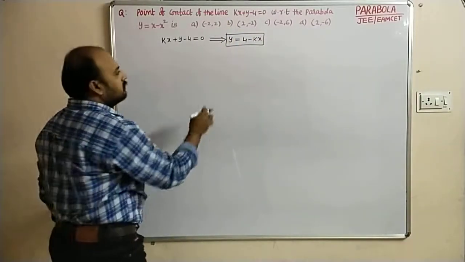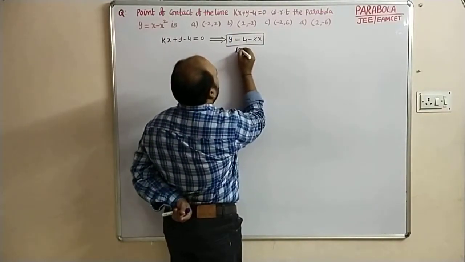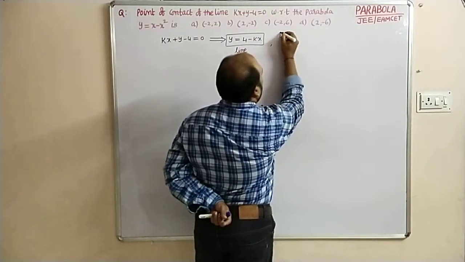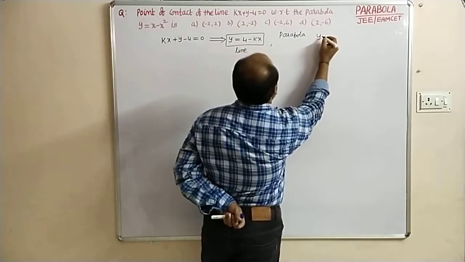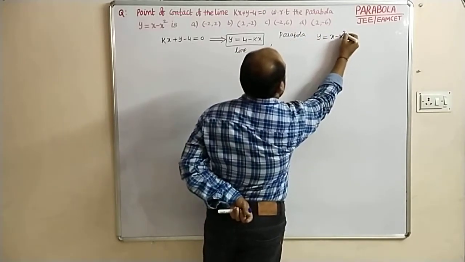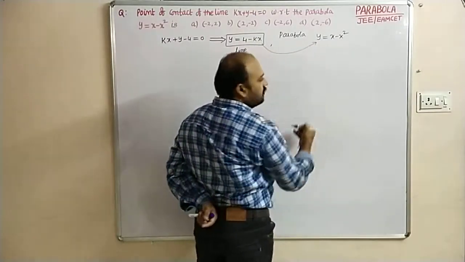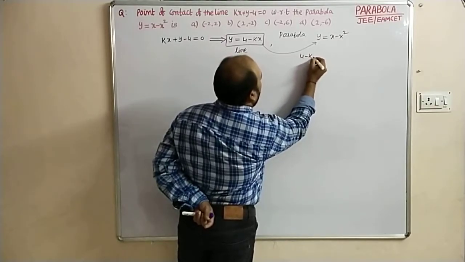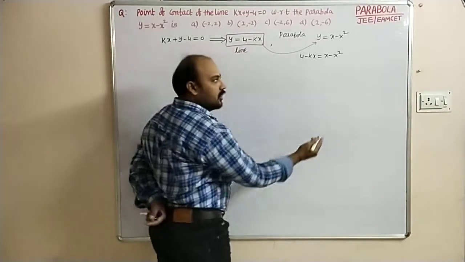This line, or straight line simply, and the parabola y equal to x minus x square. So substitute this y value in this curve, we get 4 minus kx is equal to x minus x square.